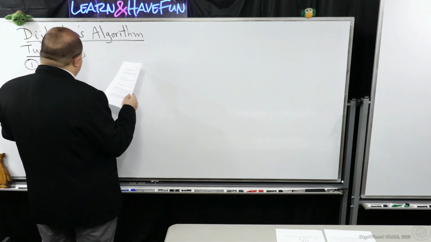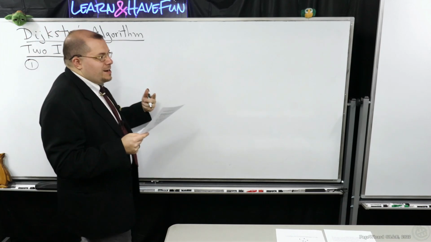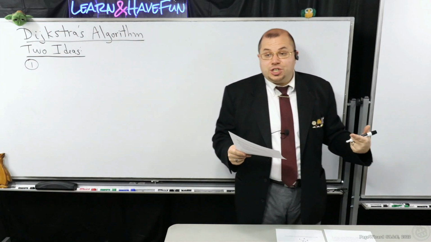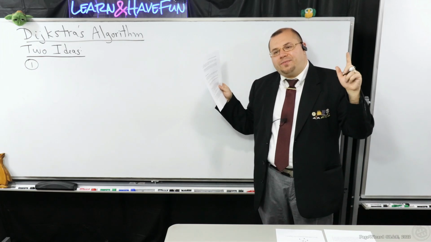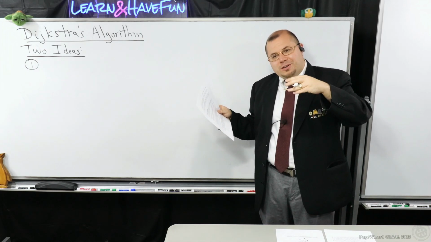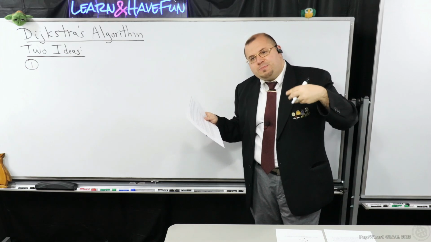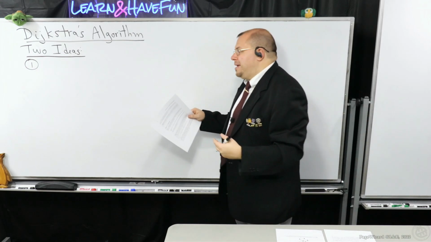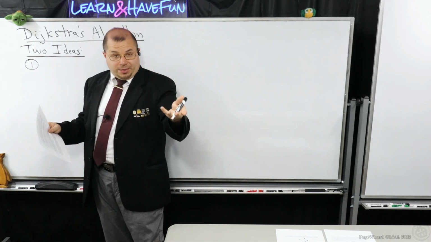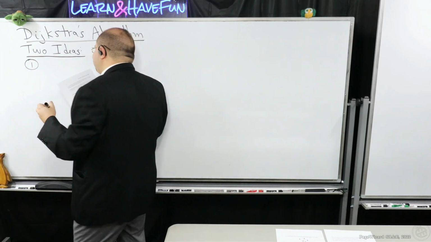The first one is that for unweighted graphs, we know how to compute shortest paths, right? Because remember, that's just a special case of our problem. If I wanted to compute a shortest path tree, it would just be one where the edge weights are all the exact same. And in that case, I could use breadth first search.